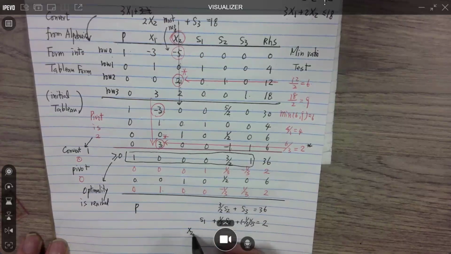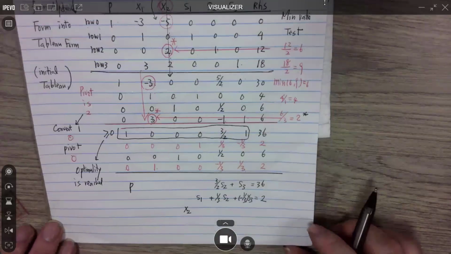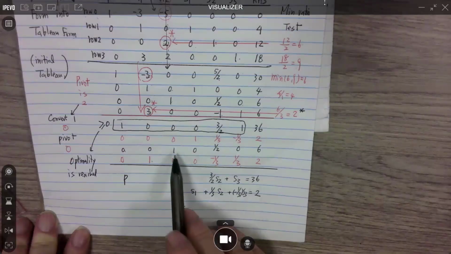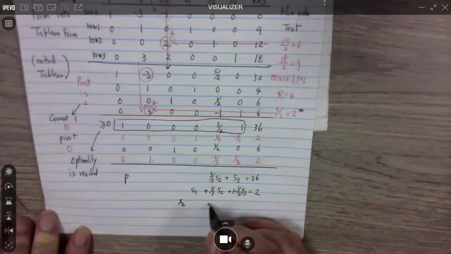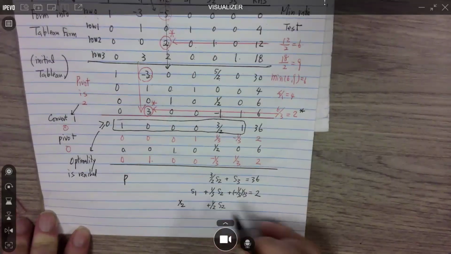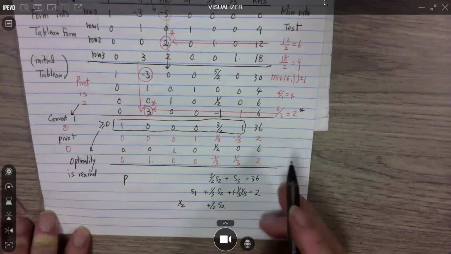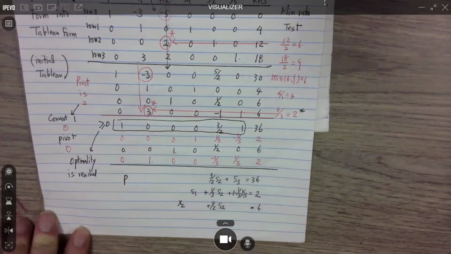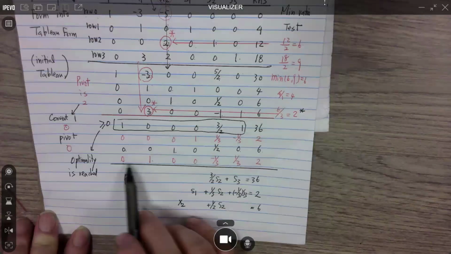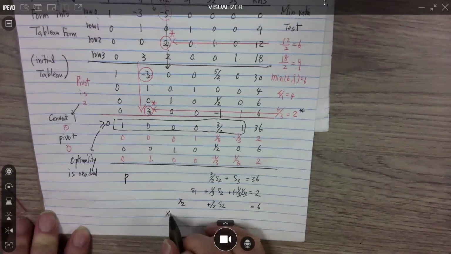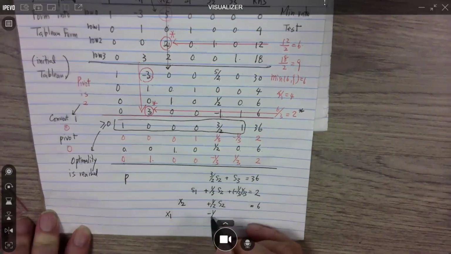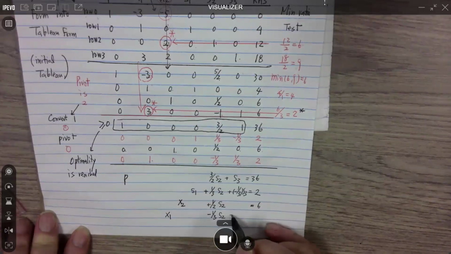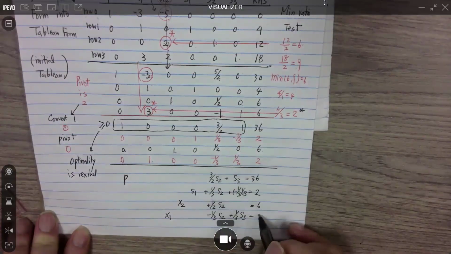This is x2, okay? x2 plus what? 1 over 2 S2, and equal to what? Equal to 6. Okay? And the last one, this is x1, minus 1 over 3 S2 plus 1 over 3 S3 equal to what? Equal to 2. Are you with me?